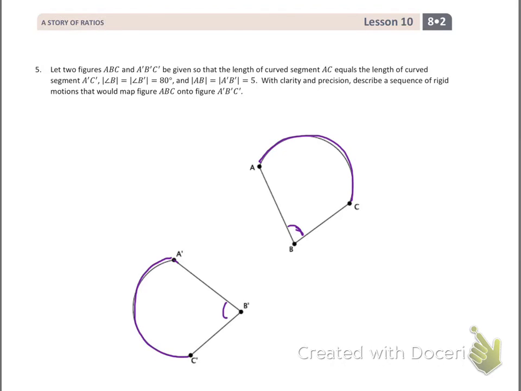And we're given that these lines are the same measure. Okay, so it says, with clarity and precision, describe a sequence of rigid motions that would map figure ABC onto figure A prime, B prime, C prime.